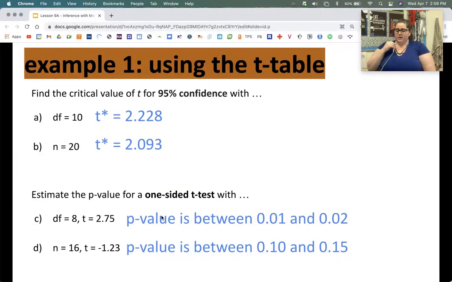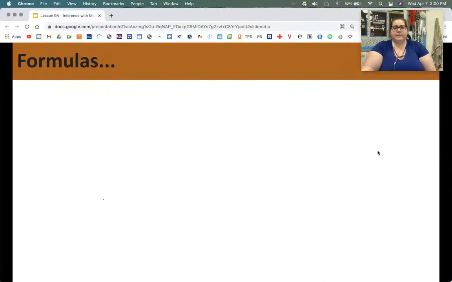Other than that, it's fine to use a calculator on a free response question to do a test or an interval. So we don't necessarily need the t-table to actually run a test or do an interval, but you may need to know how to use it for multiple choice questions.